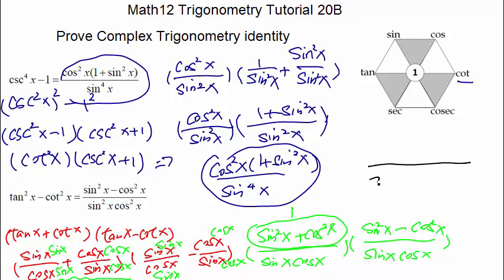So it will be sine x squared, cosine x squared in the bottom. On the top, it's just 1 times sine x squared minus cosine squared, which is just sine x squared minus cosine x squared. And that's it. So let's see, is it exactly the same?